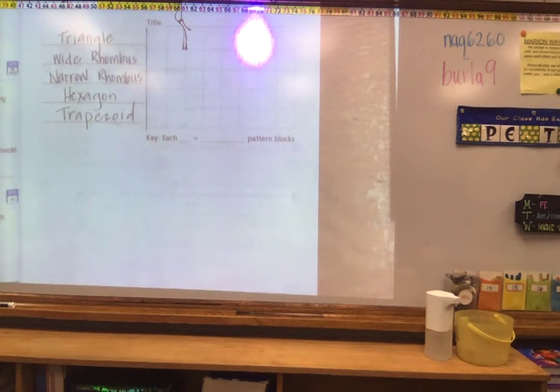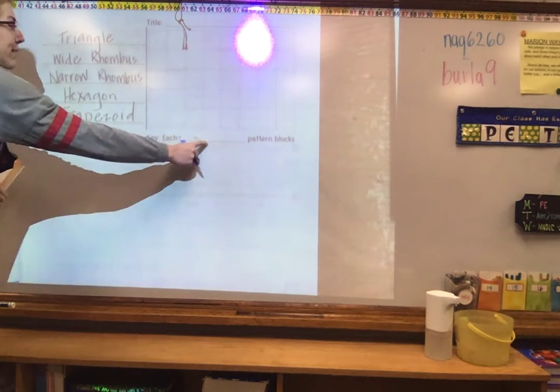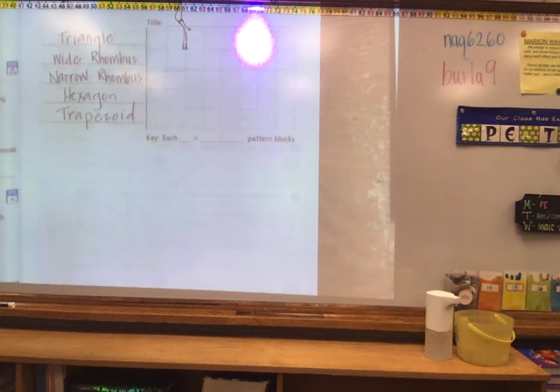I want us to think about a symbol we can use. Please do not be doing anything because you have not heard my directions yet. We need to think about a symbol that we can use and for how many pattern blocks each one stands for.